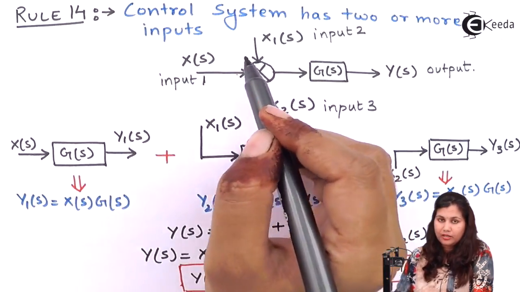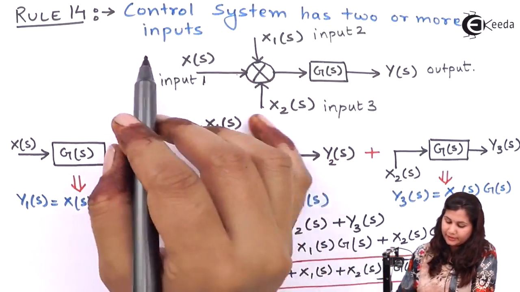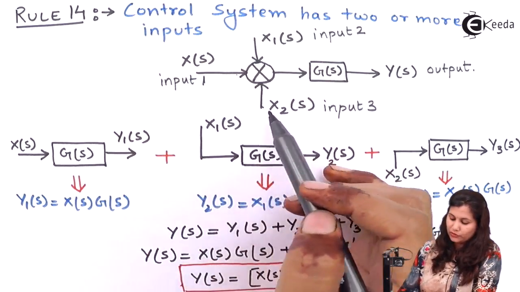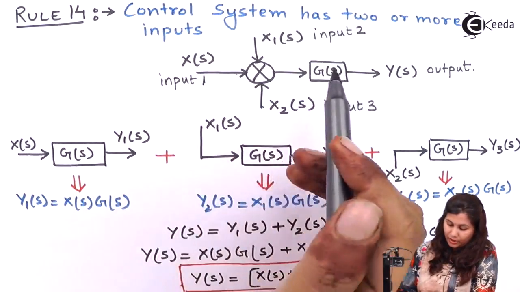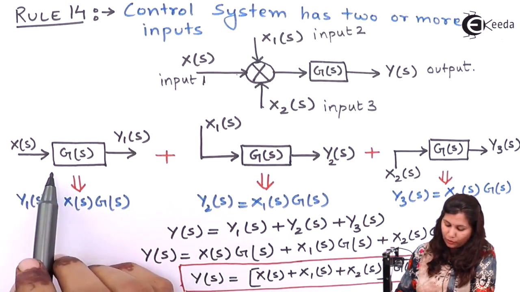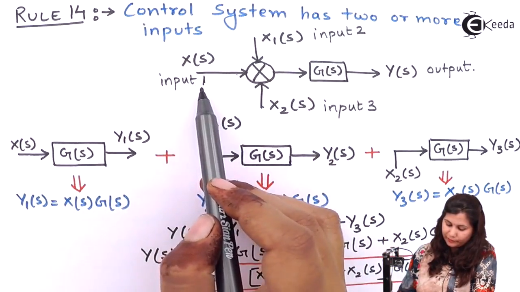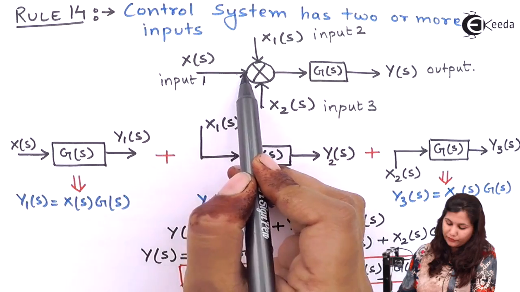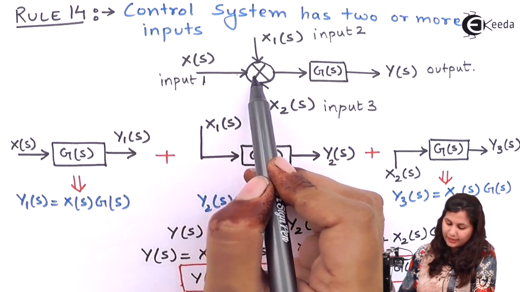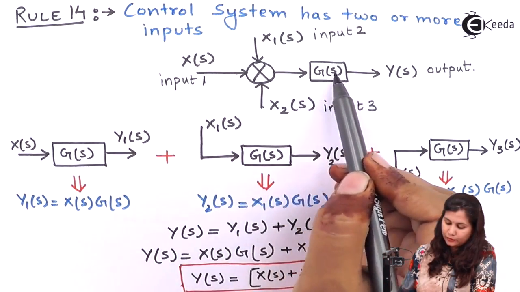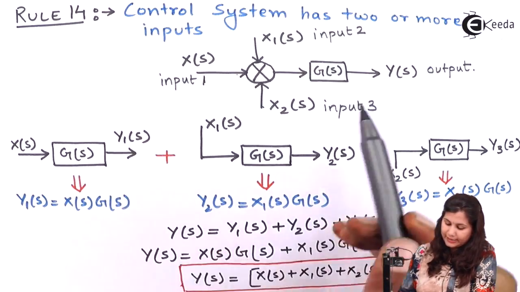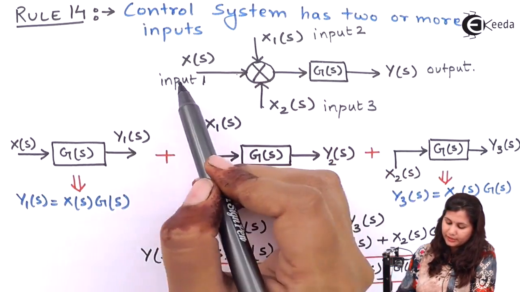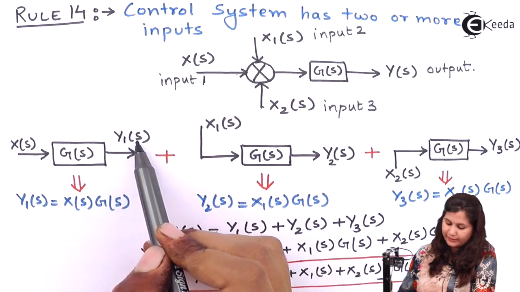So how can you solve this control system which has 2 or more inputs? Let's first draw the block diagram for the first input. For the first input we have Xs, and this is the block Gs, and the output is Ys. Let's take the output for this first input as Y1s.